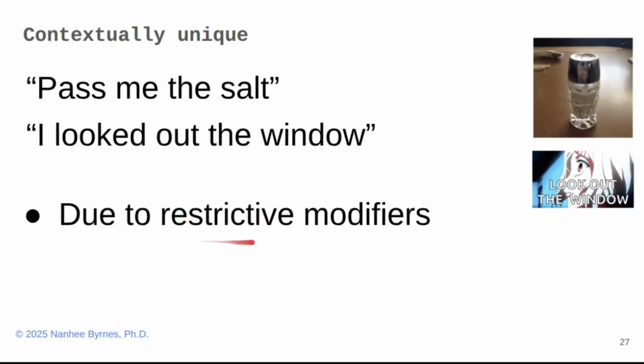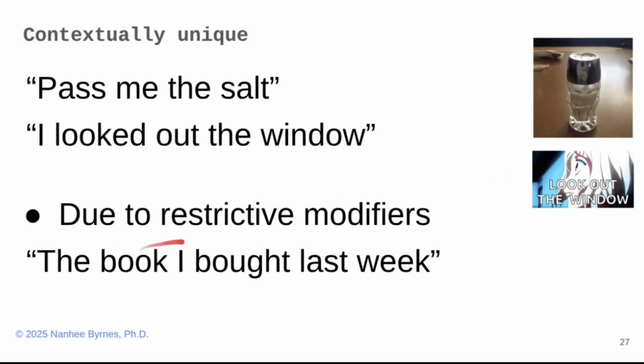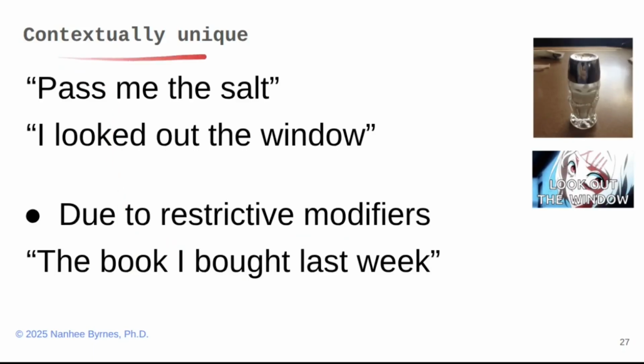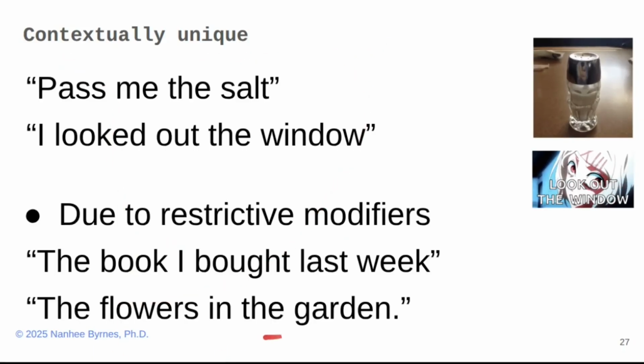We also use the when a noun is modified by a phrase that makes it specific. The book I bought last week. This tells us exactly which book. The flowers in the garden. Here, the phrase in the garden identifies the flowers. In all these cases, the marks something definite, identifiable, or contextually unique, even if it hasn't been mentioned before.